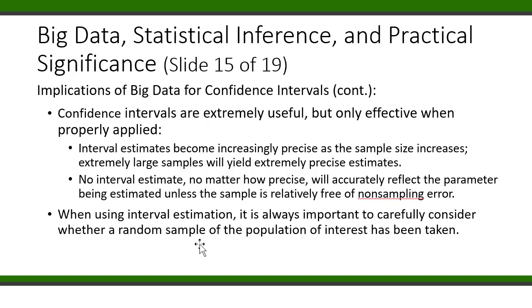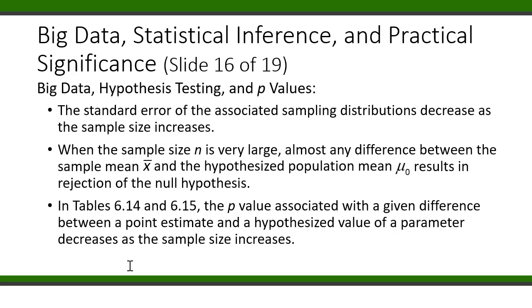So just as what I've been saying before, when we look at those standard errors, they get smaller and smaller, right, as the sample size increases. When that sample size is huge, any difference between your sample mean and the hypothesized population mean will result in a rejection of that null hypothesis.